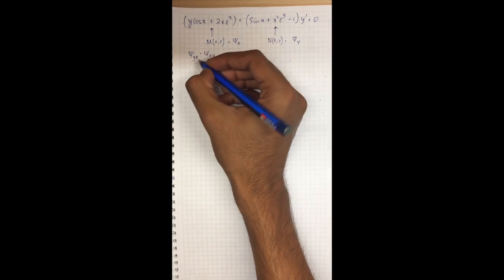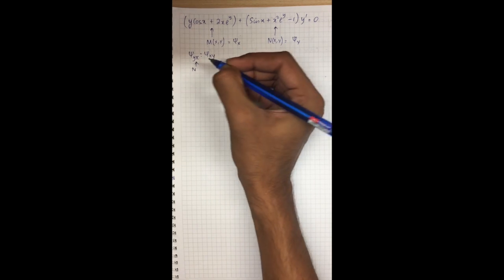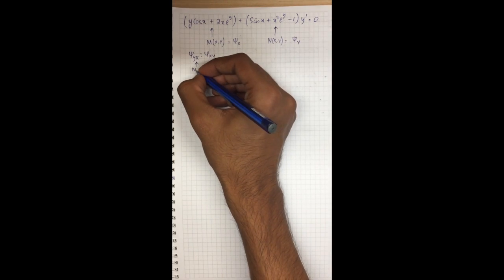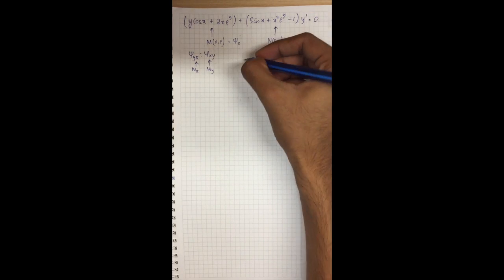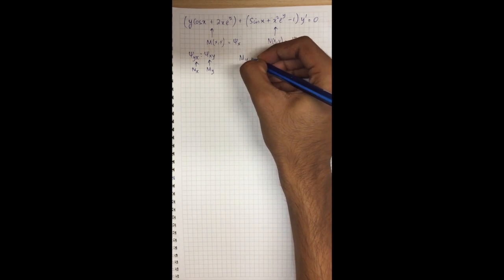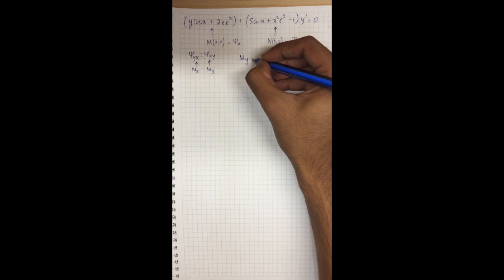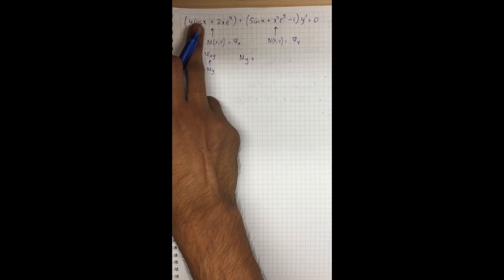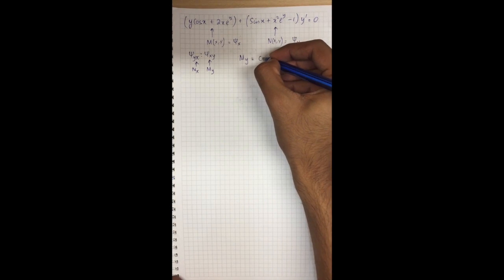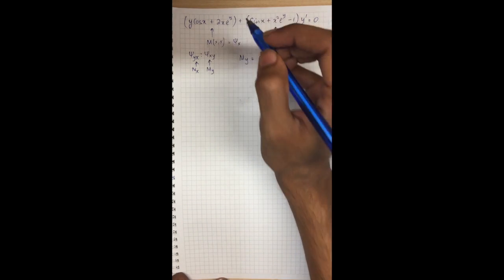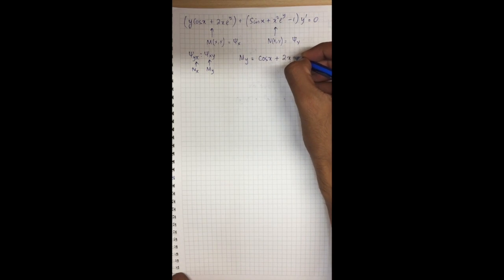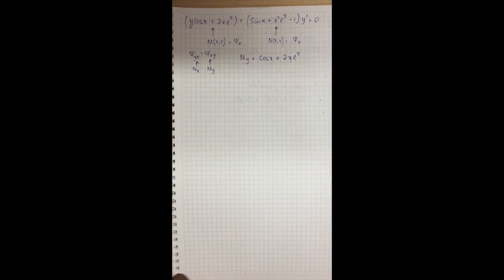So ∂N/∂x is just going to be N_x, and ∂M/∂y is going to be M_y. I'm going to do M_y first. If I do M_y, y would become 1 and cos x would stay. So cos x plus, this term would remain as it is because it deals with the exponential.